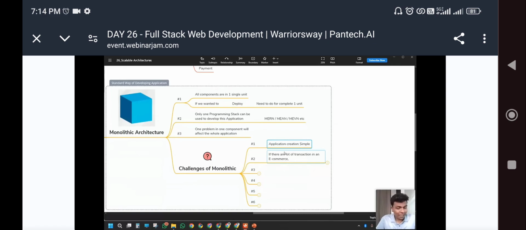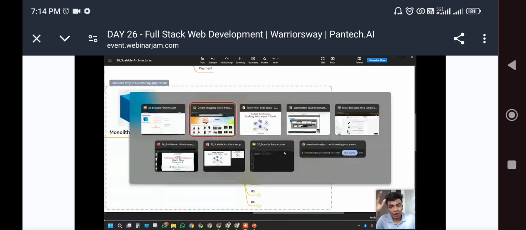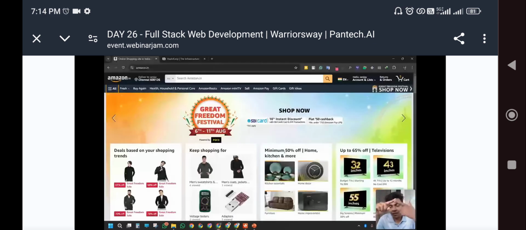Another very important thing: as we have already discussed, in this Amazon there are a lot of units like cart, wish list, user database, or product catalog database. Likewise, it is going to have a lot of services. Since everything is present in a single unit, what if suddenly the customer database starts increasing?